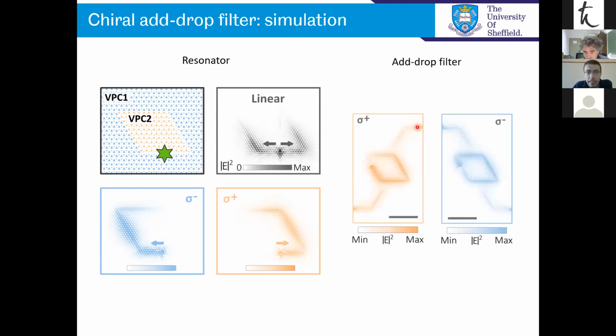Now, if we bring the two parallel waveguides next to the resonator, we see a quite interesting effect, where we now get emission from diagonally opposing output ports, and this switches when you switch the polarization state of the emitter.